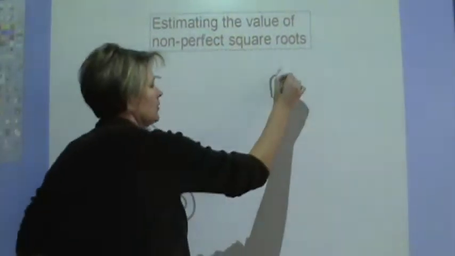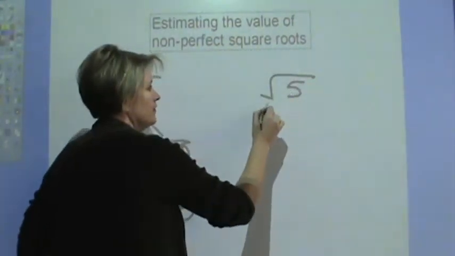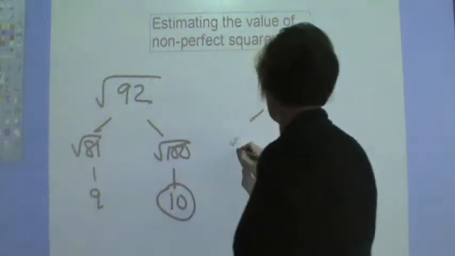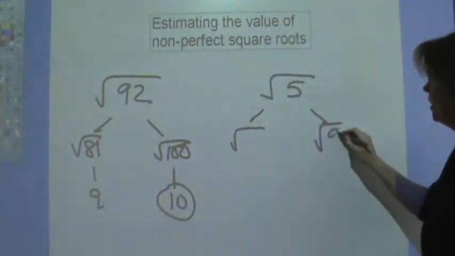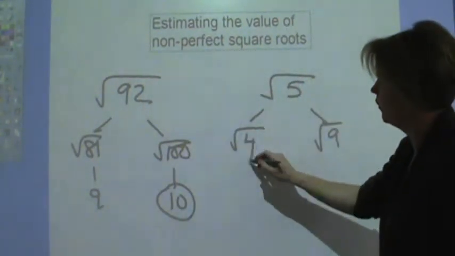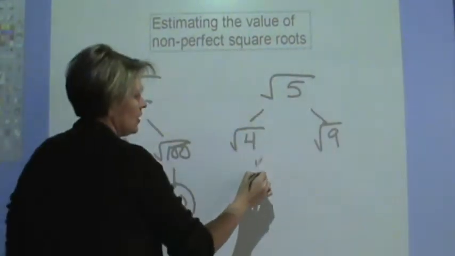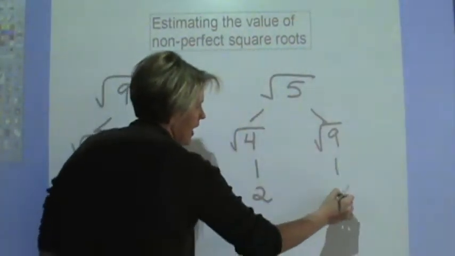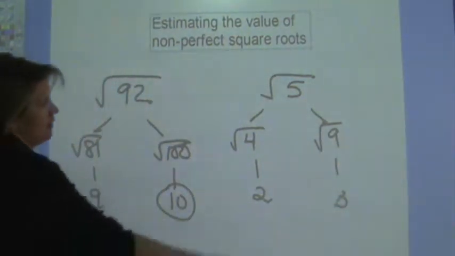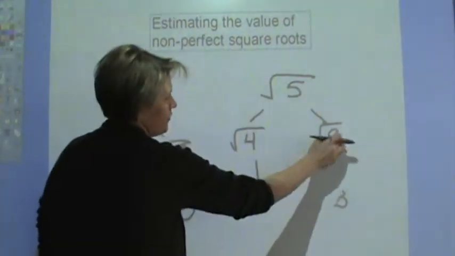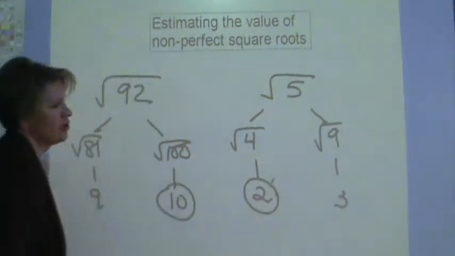All right? Square root of 5 is going to be between the square root of 4 and the square root of 9. So it's going to be between 2 and 3. This is 1 away, this is 4 away. So it's going to be closer to 2.